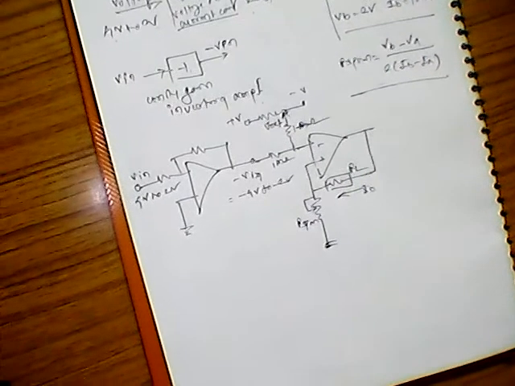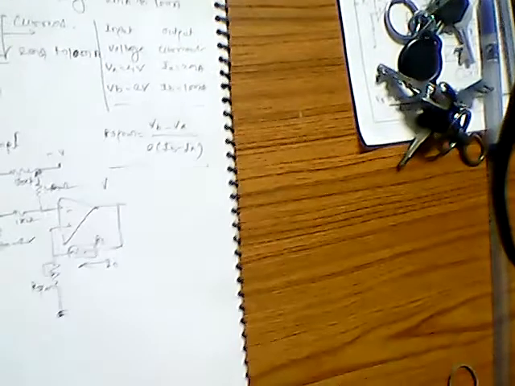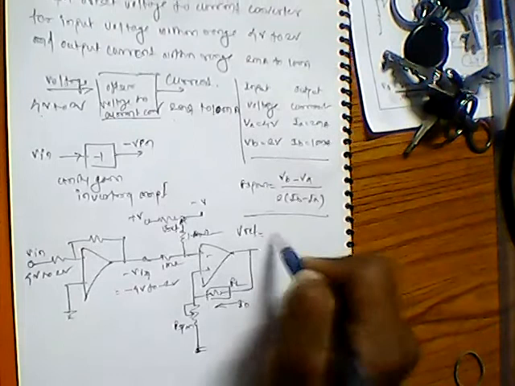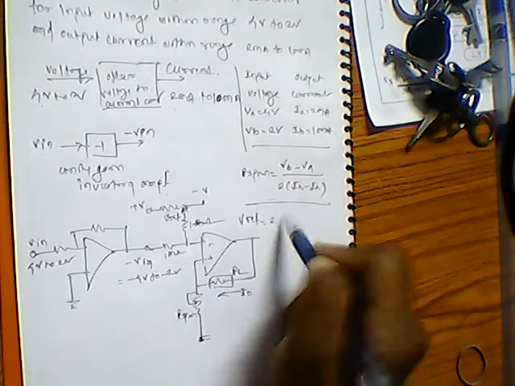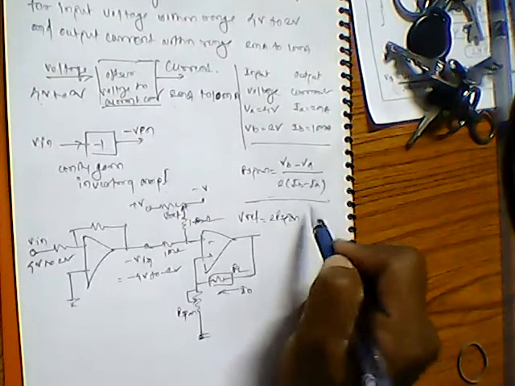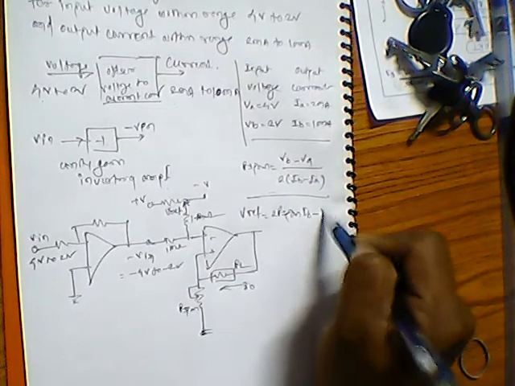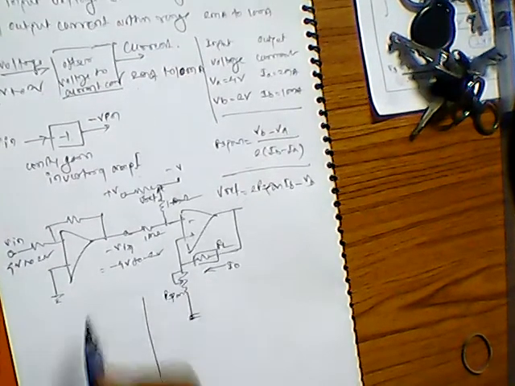We know the equation for V reference is equal to 2 R span into IB minus VB. So let us solve this particular problem now.